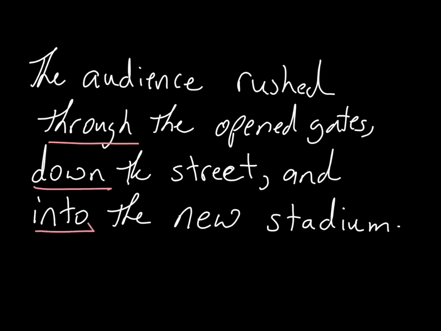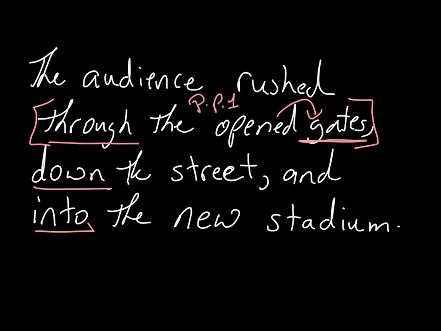Now, how do we know where the prepositional phrase is? We know the prepositional phrase starts with a preposition, so we're going to start the first one with the first preposition, and it should include the noun that is an object, which is through what? Through the gates. So this should be also part of the prepositional phrase, and any modifiers or complements that complete the meaning of the phrase or the noun. The gates are modified by being opened, and of course the modifies gates. So we include the whole thing as our first prepositional phrase.